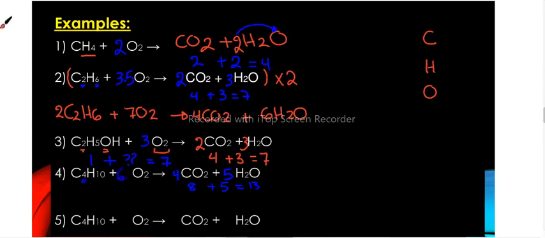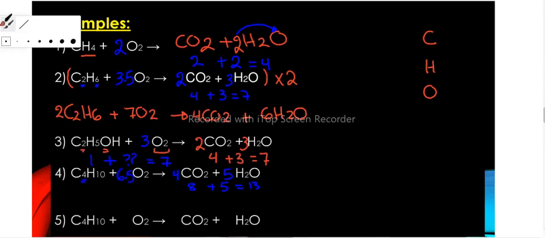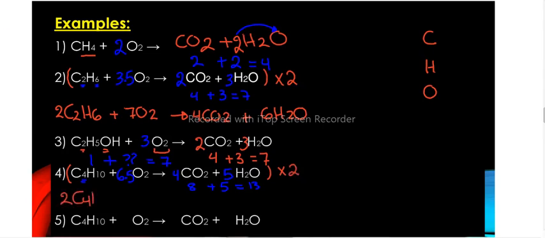It is 6.5. Now you're going to multiply by 2 another time in order to overcome the decimal. So your final answer will become 2C4H10 plus 13 O2 in order to form 8 carbon dioxide plus 10 water molecules.